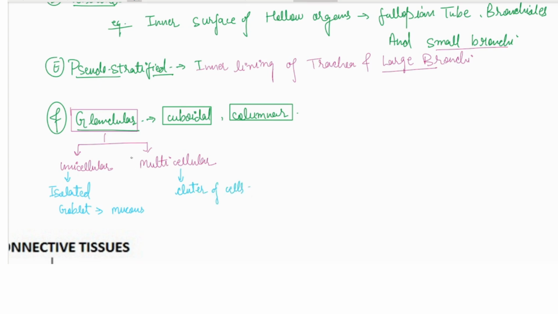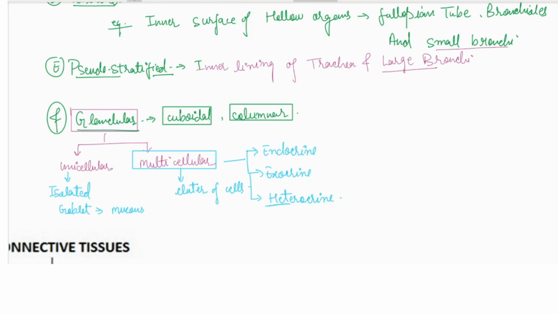In the multicellular, it could be endocrine, exocrine, or heterocrine secretion. The heterocrine would be if it has both endo and exo functions, so we call it both.